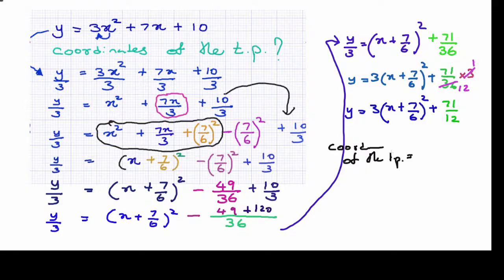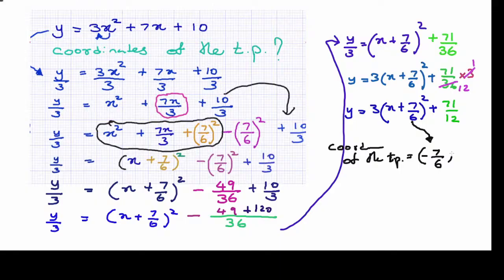Starting with the x-coordinate. What's the x-coordinate? That is 7 over 6. But if it's plus 7 over 6, what you have to write for the coordinates of the turning point is minus 7 over 6. You have to write the opposite sign.